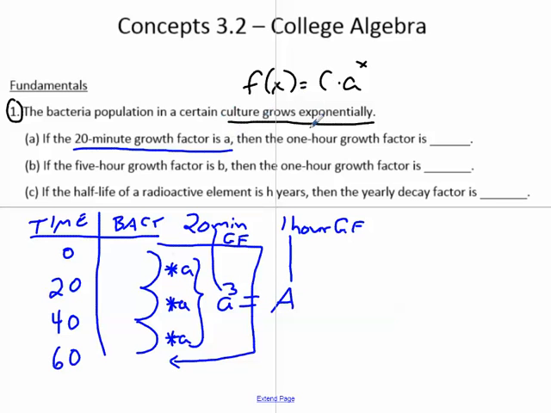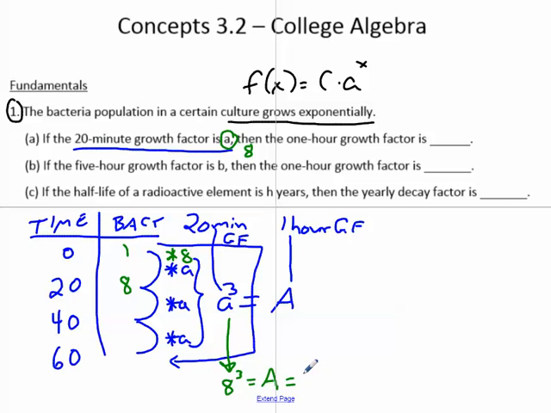Now if I put in real numbers, for example, if a were 8, in other words if the bacteria count at 20 is 8 times the count at 0, say 1 and 8, so my 20-minute growth factor is 8, then I would cube that. 8 cubed is 8 times 8 times 8, 64 times 8.